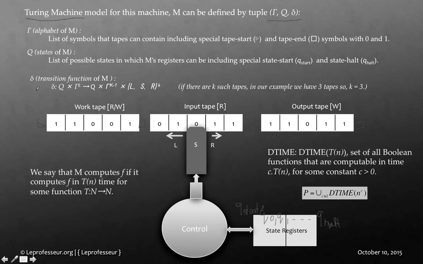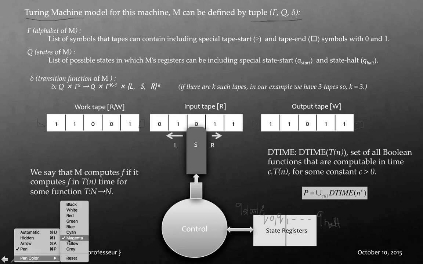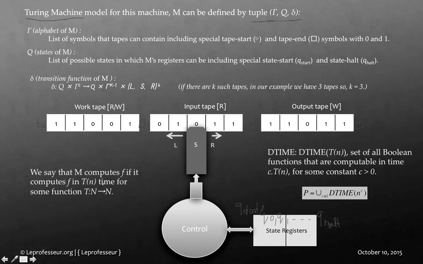So that's a formal definition of a Turing machine. You can represent it by a tuple, gamma, Q, and delta. And formally we say that if M computes f, it means that it computes function f in time T(n), for some function T which maps from natural numbers to natural numbers.